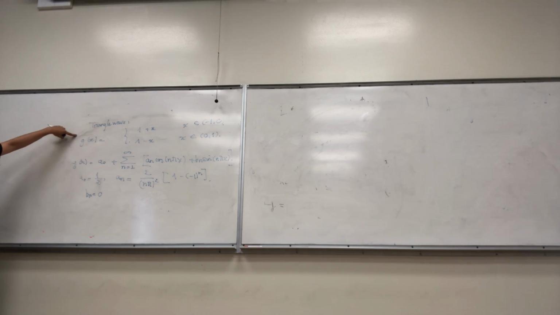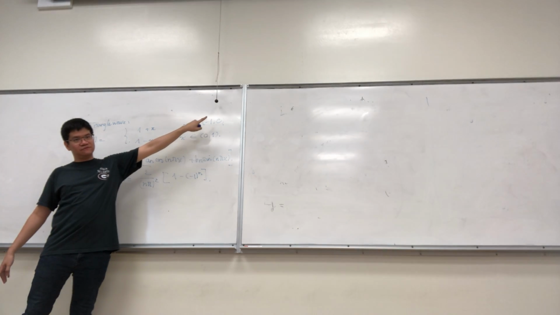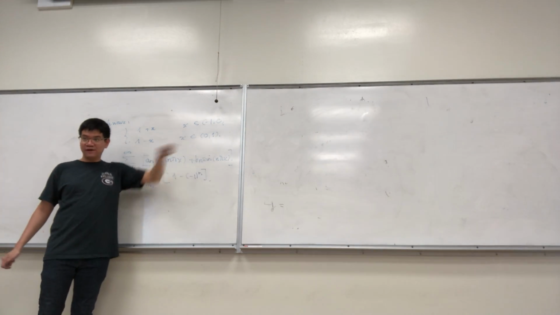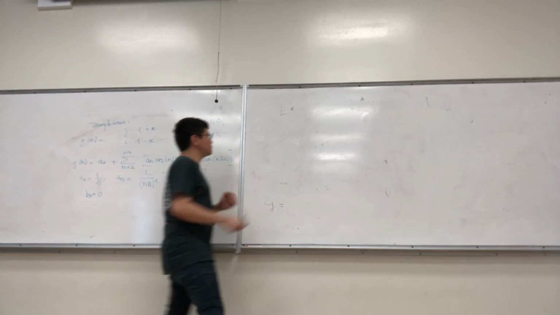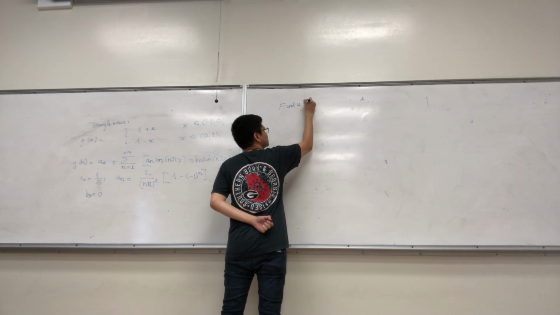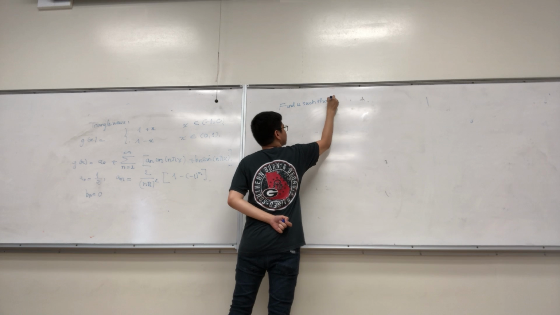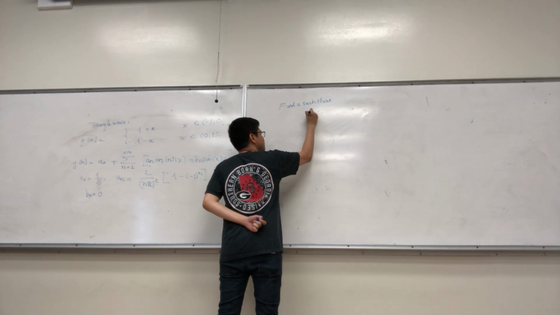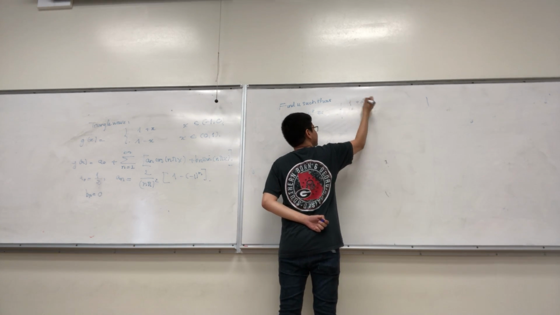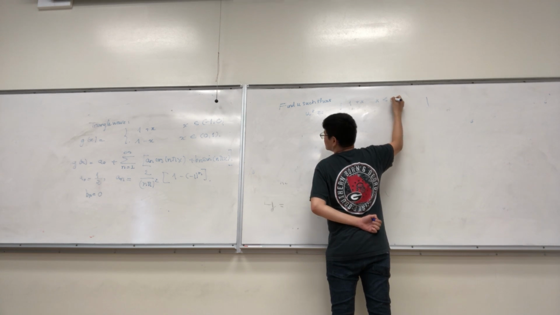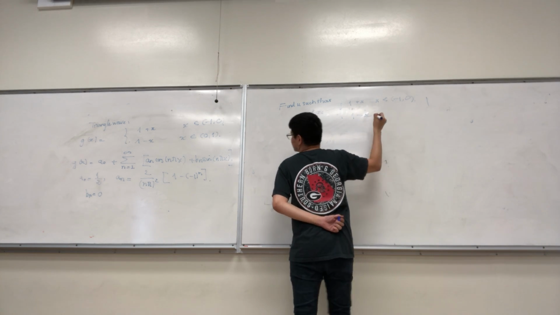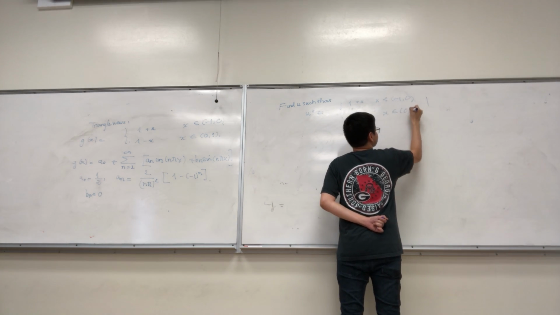We have a triangle wave, which is 1 plus x when x is from -1 to 0, and it is 1 minus x when x is going from 0 to 1. Now, I want to find a function u such that u second derivative is equal to 1 plus x when x is going from -1 to 0, and 1 minus x when x is going from 0 to 1.